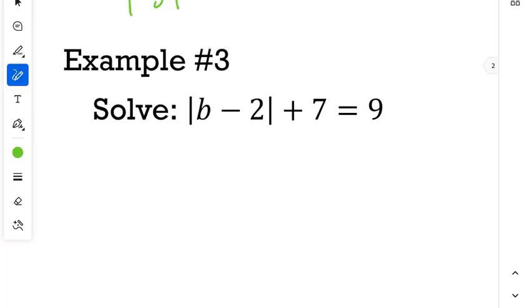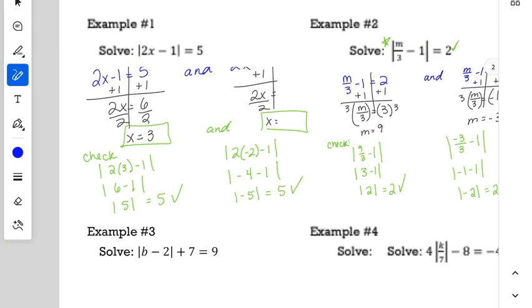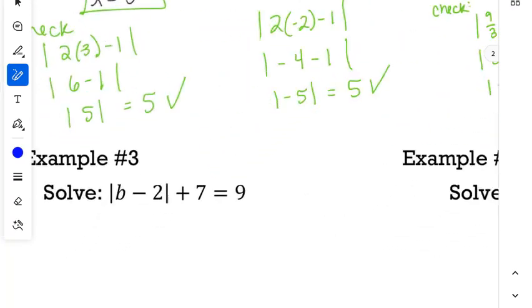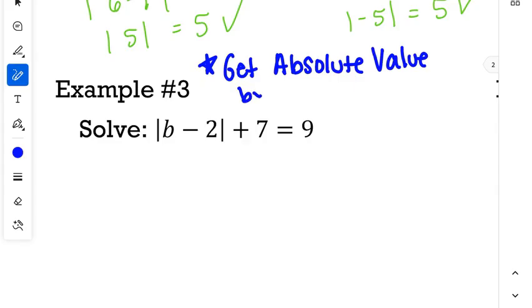Okay, let's look at the next one. We have absolute value of b minus 2 plus 7 equals 9. On all of these other ones, we have absolute value by itself, but this one we do not. So we must get absolute value by itself on one side before we can set our two equations.